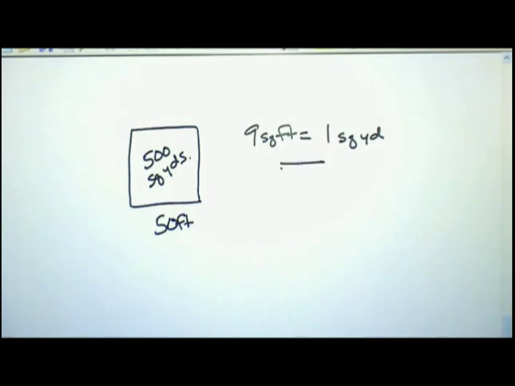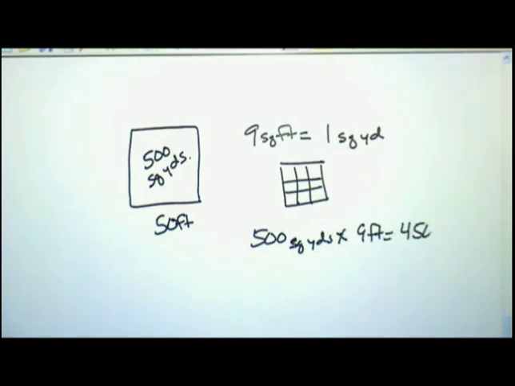If you're a visual person, it looks something like this. Because each yard is 3 feet, 3 feet by 3 feet gives me 9 square feet. So I take my 500 square yards, I multiply it times the 9 square feet per square yard, and I come up with 4,500 square feet.